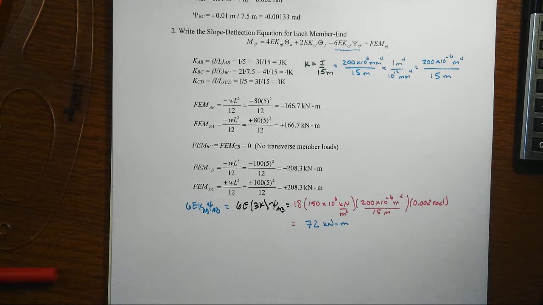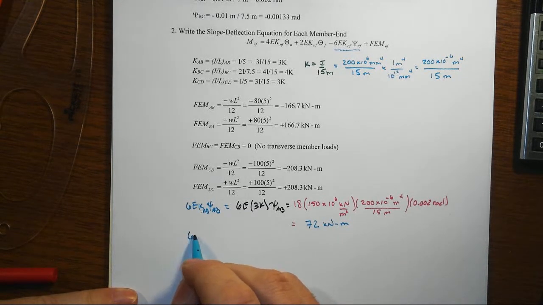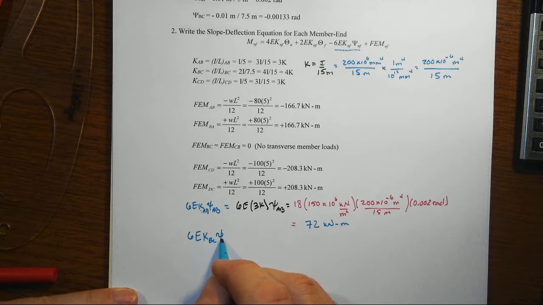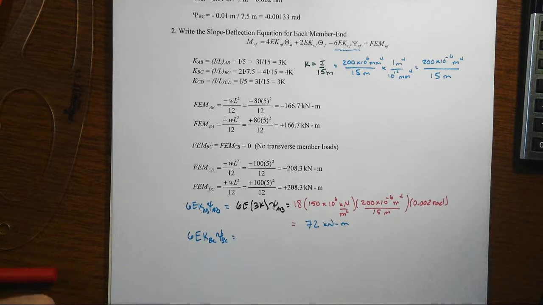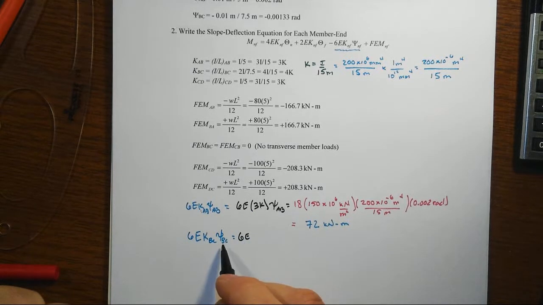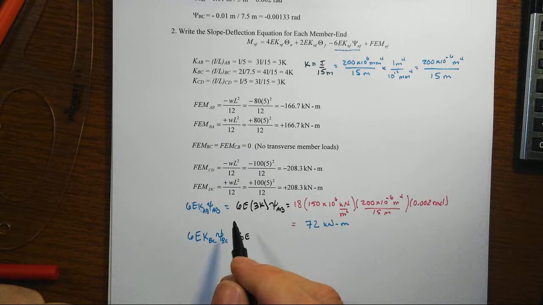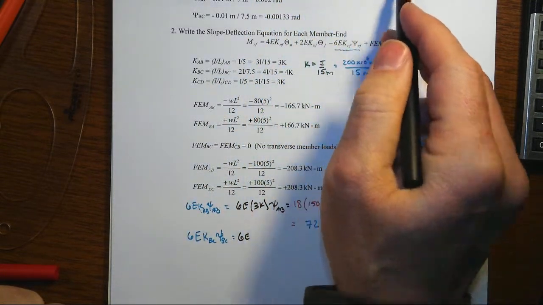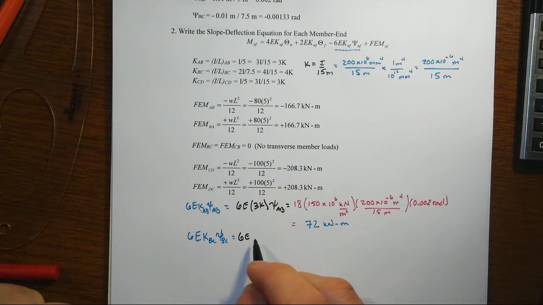Right? Likewise, we want to do this for the other span. 6EK BC psi BC, that's going to be equal to 6E. I said outer. That was not correct. We're in the middle. That's the other chord rotation. CD is the outer one. 6E times 4K times psi BC.